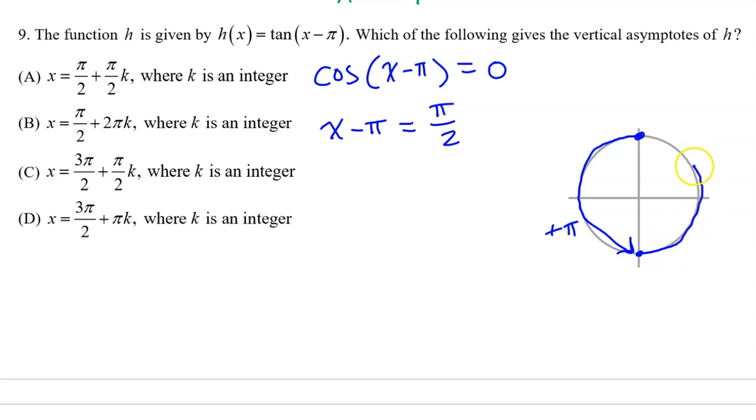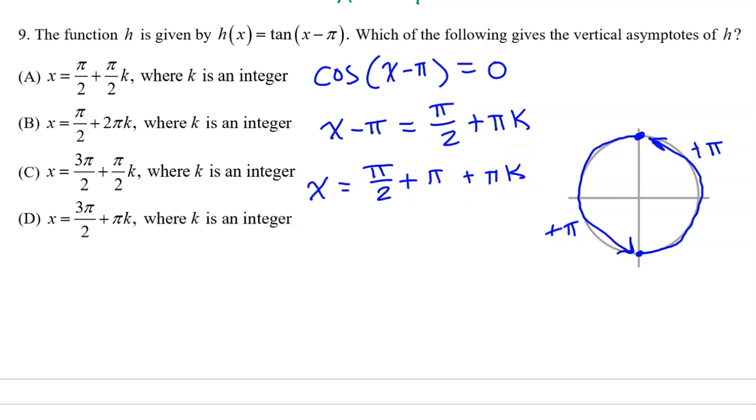So we can get infinitely many solutions by adding multiples of pi. So we will add pi k, where k is any integer. Now we need to isolate the x by adding pi to both sides of the equation. So this is going to be x is equal to pi over 2 plus pi plus the pi k.